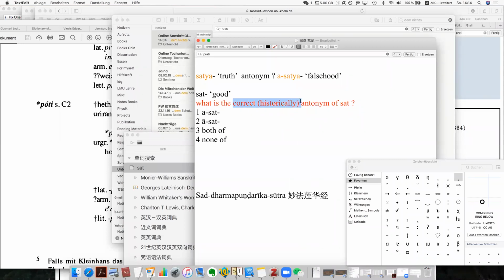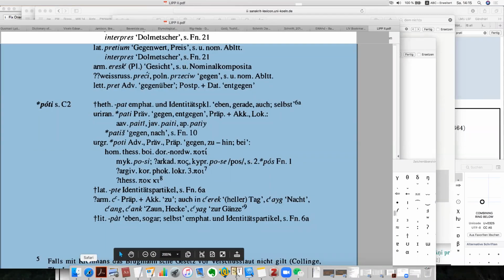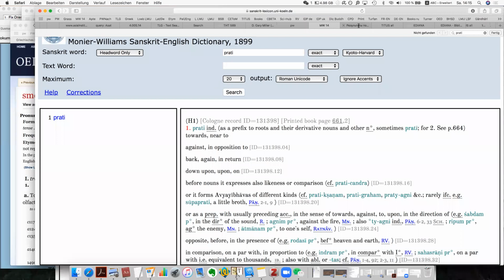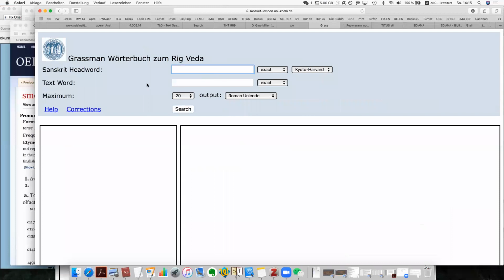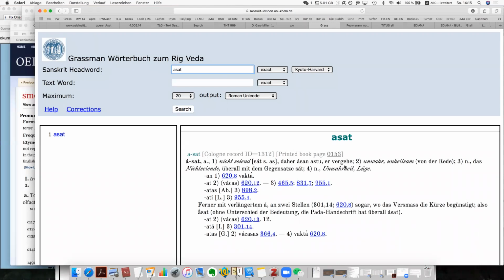So what is the historically correct antonym of sat? Let's check the Rigveda dictionary. So let's put asat here. We have asat, and asat means nicht seiend, not existing, so it is not good, not true. So this is correct, asat.